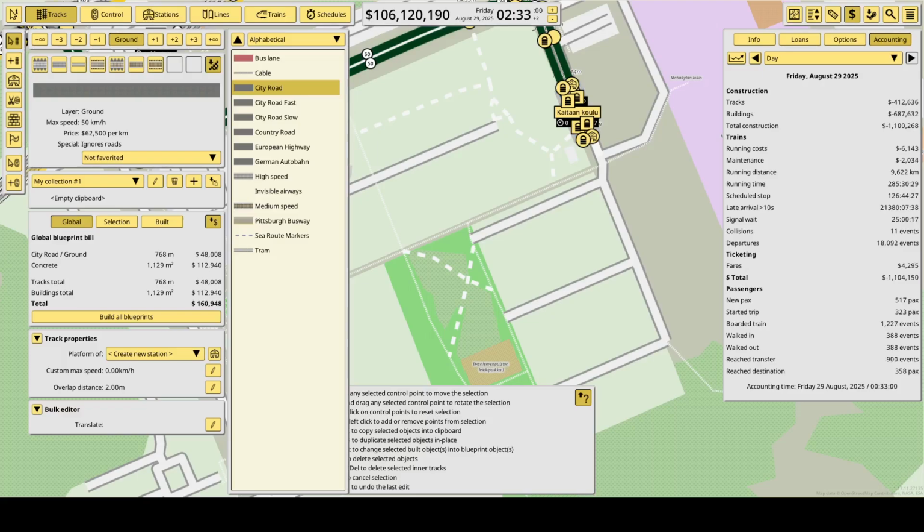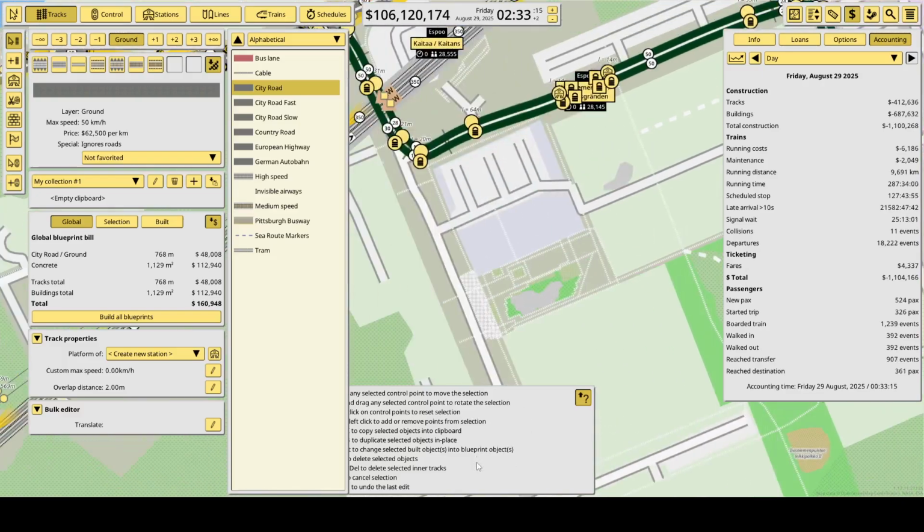And guess how I'm going to solve this? What the heck? Okay. I'm gonna solve it this way.